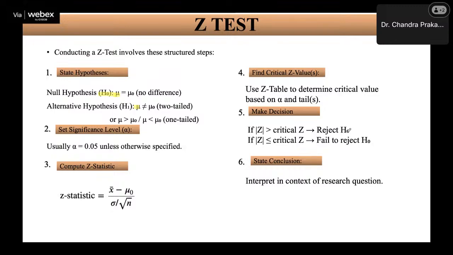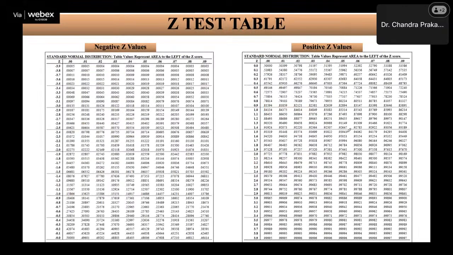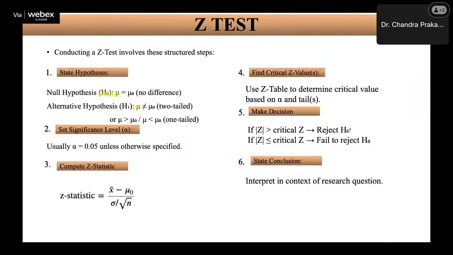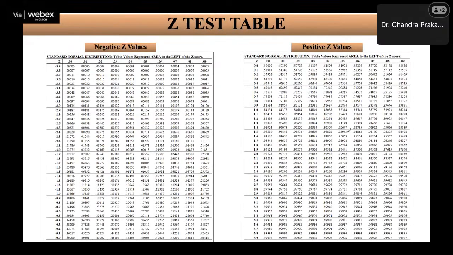This is in the case of the rejection region approach. If we go with the p-value approach, then we replace this Z value with the p value. Then we state the conclusion, interpreting the output in the context of the research question. So this is the table you are using, in which I have the negative as well as the positive values.